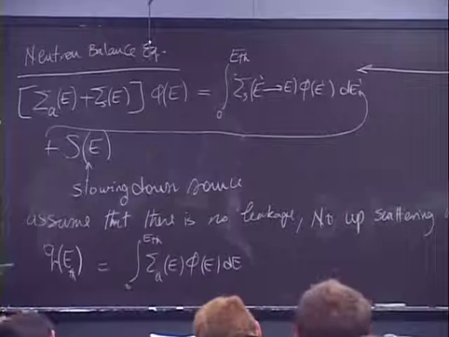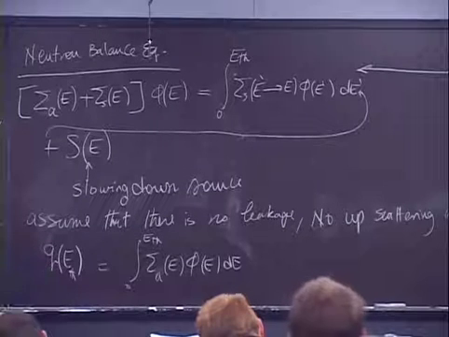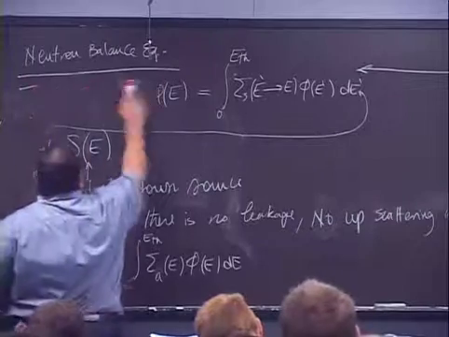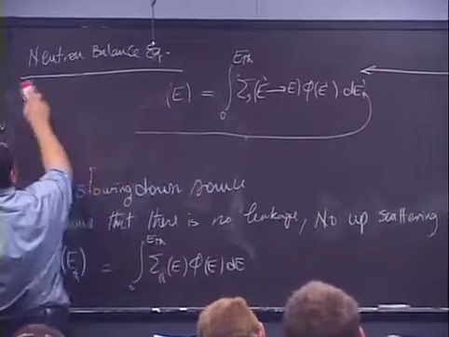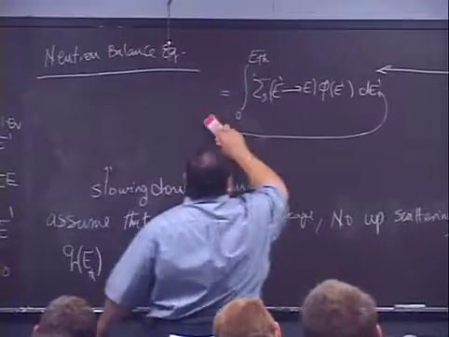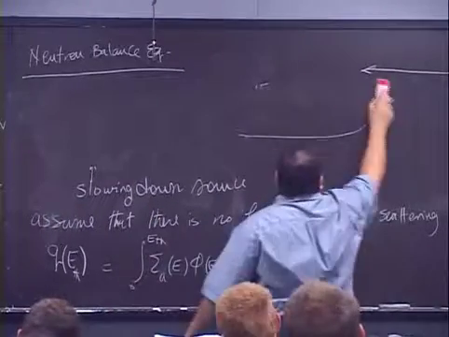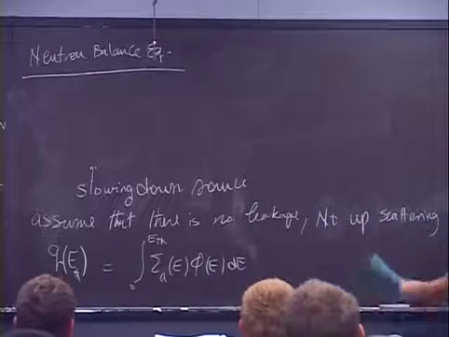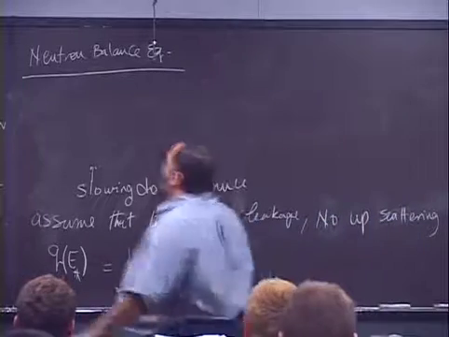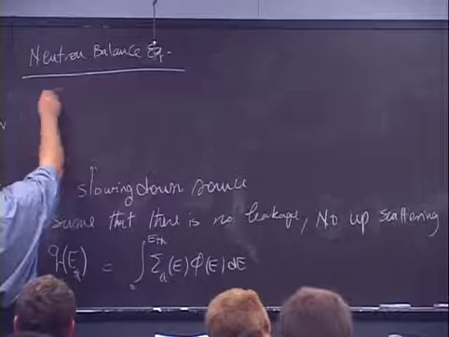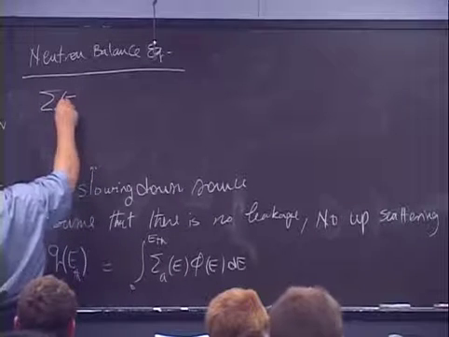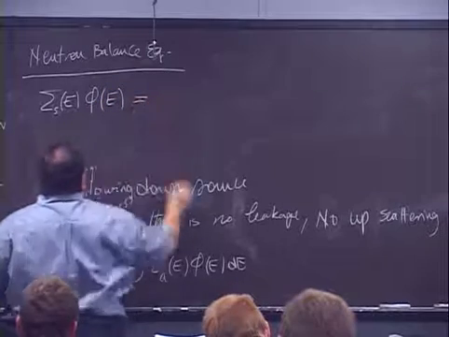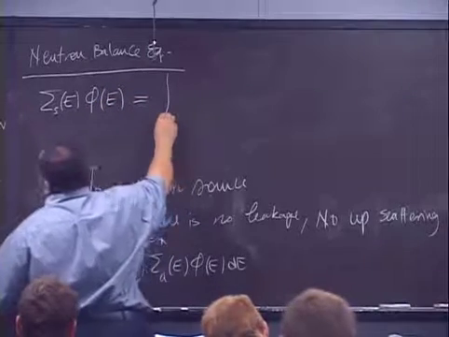So now, if I assume that there is no absorption and there is no source of neutrons coming from the moderation region, what will be the balance? So no absorption, the absorption term here is 0, so this is sigma scattering of E, phi of E, equal to, what's the scattering term?